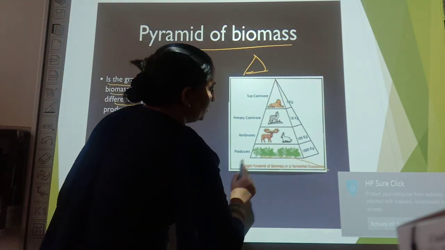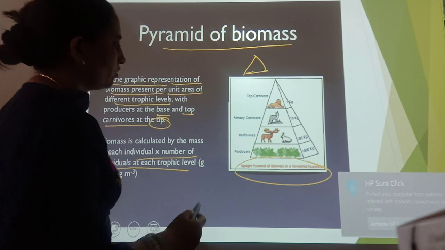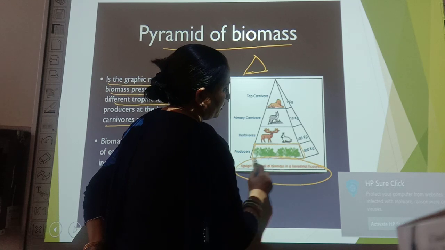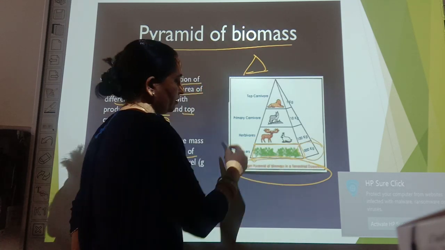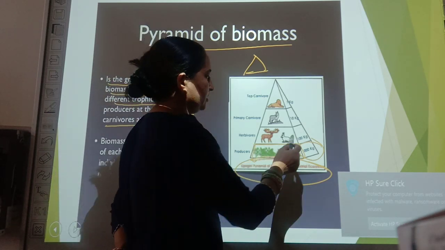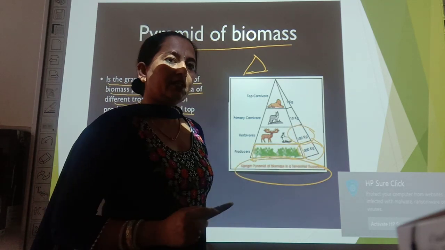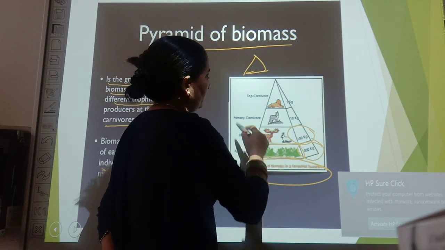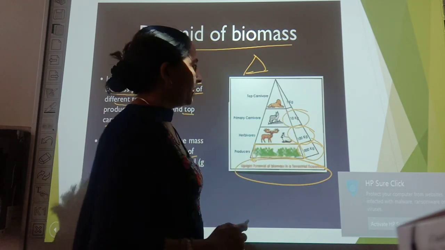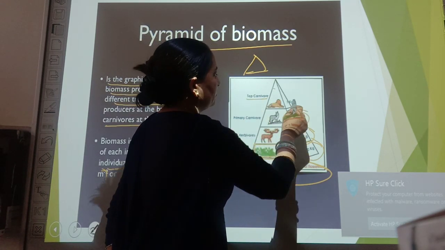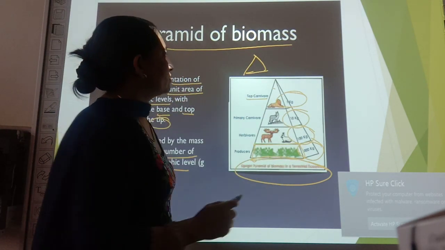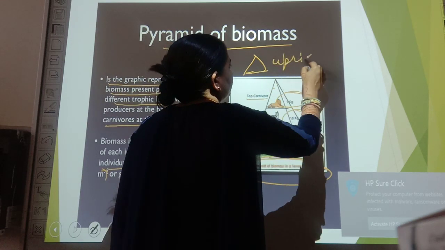Here the pyramid of biomass is also upright, because biomass production by the producers is 1000 kg, and the herbivores which take the energy from the producers can produce only 100 kg of biomass. In turn, primary carnivores are less in number, so these produce only 10 kg of biomass, and top carnivores produce only 1 kg of biomass. So this type of pyramid is also upright.